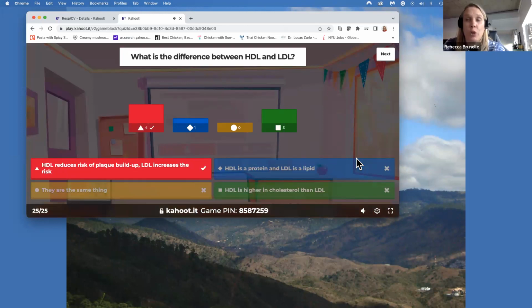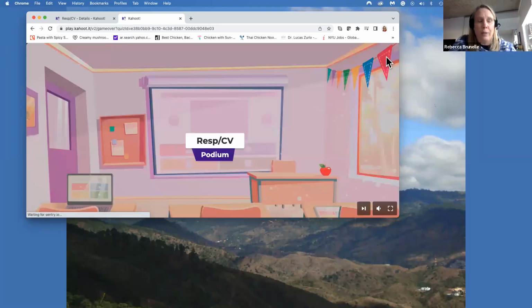So you always think about the good cholesterol and the bad cholesterol. HDL reduces the risk, so that's the good one, and LDL increases it. I said that backwards earlier. So you want more of your high density lipoproteins and less of your low density. So good job, everyone.